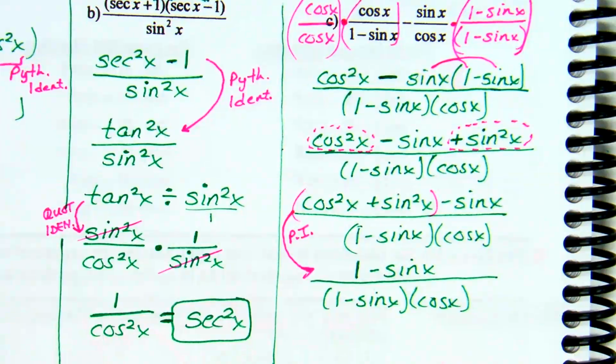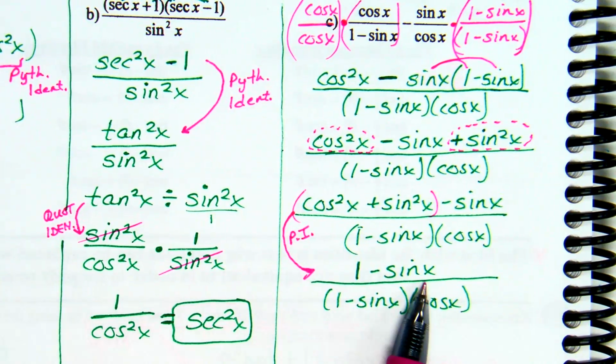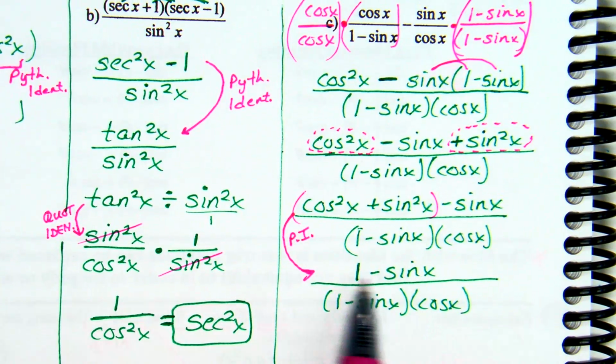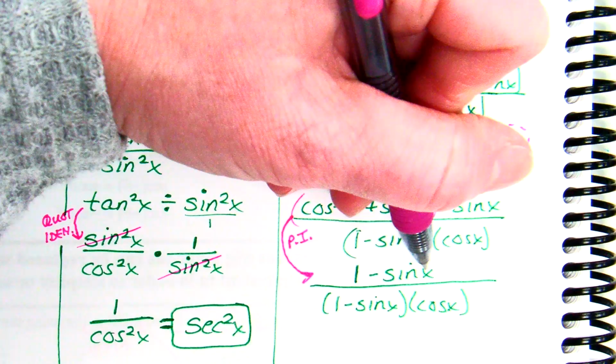Okay, so when we're canceling within a fraction, we can cancel like factors. One of my factors in the denominator is 1 minus sine x. The only thing in the numerator is 1 minus sine x. So because that's the only thing in the numerator, that makes it the only factor, and it's one of the factors in the denominator, yes, you can cancel those.